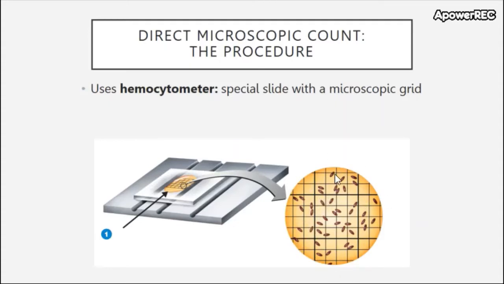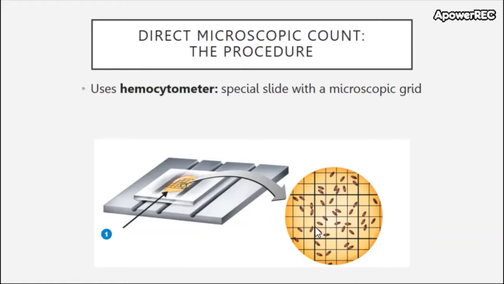What it allows you to do is count the number of cells under a microscope per a given unit of volume. So in this example here, we can see the bottom slide piece, and there are these grooves here for aliquoting your bacterial suspension into, and then you have this cover slip, and this cover slip has a little bit of a gap between the bottom of it and where this grid is. This grid has specific, very precise measurements of these etchings.